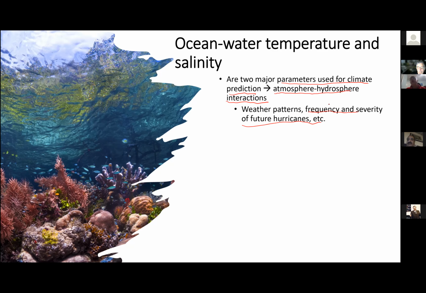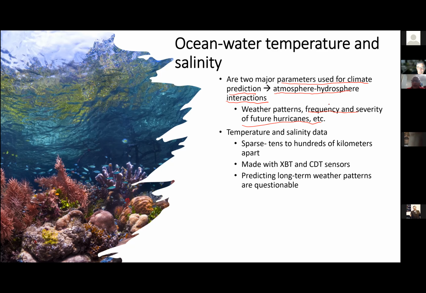Those of you who are in Houston, we have seen that very cold spell came last winter, and it is postulated those are due to global climate change, and those things can be predicted. But the problem is the long-term predictions are difficult because the temperature and salinity data are usually sparse.